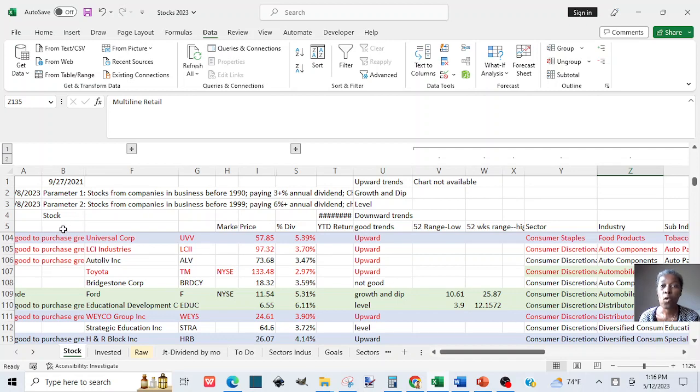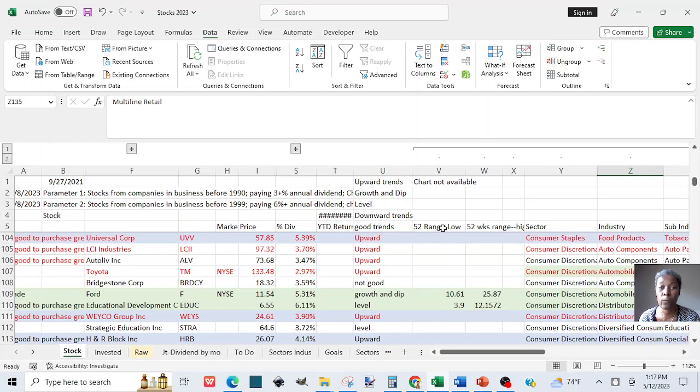You might have a column for the company's name, a column for the company symbol, a column for the market it is sold on, the price it is selling at, the dividend rate that it pays, the annual dividend rate. Then you can have a trend column.